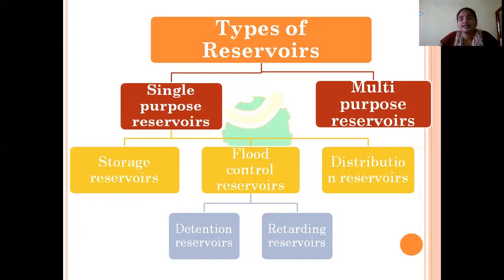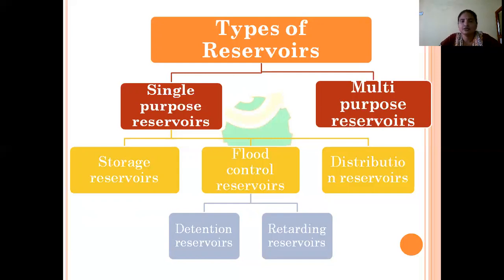For example, only for flood control, or only for storage, or only for agriculture. Multi-purpose reservoirs are used to utilize the water for multiple purposes at a time, two or more, like hydropower generation and irrigation, or hydropower generation, irrigation and drinking.